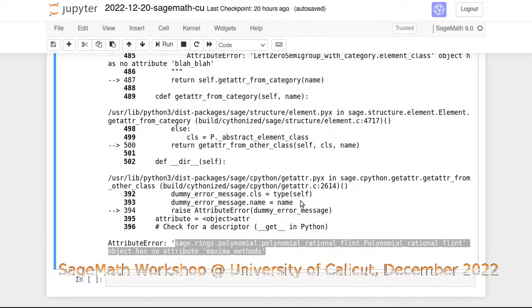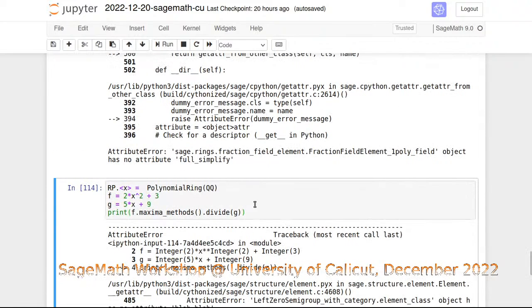I'm just trying with another command, which doesn't seem to actually work. So will quotient remainder work? I don't know.